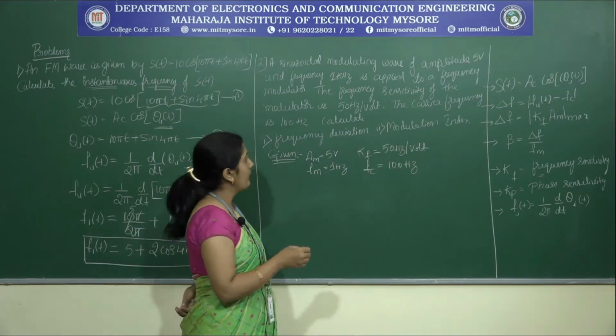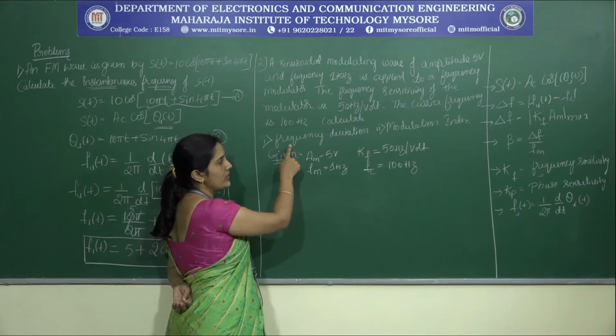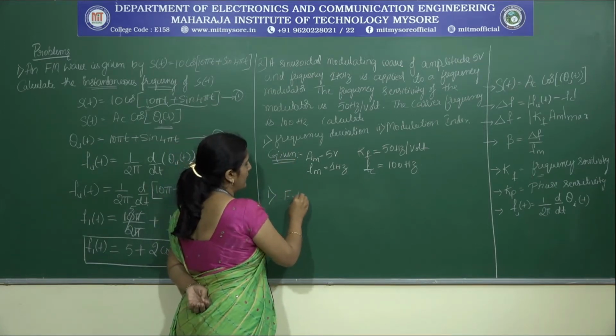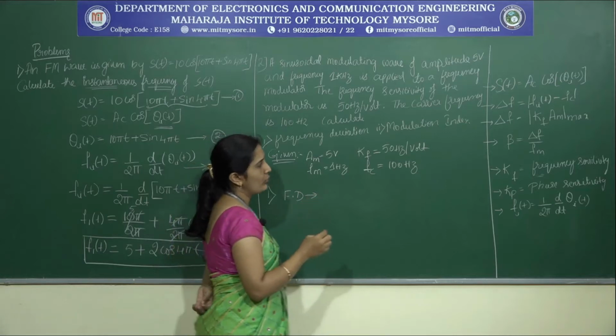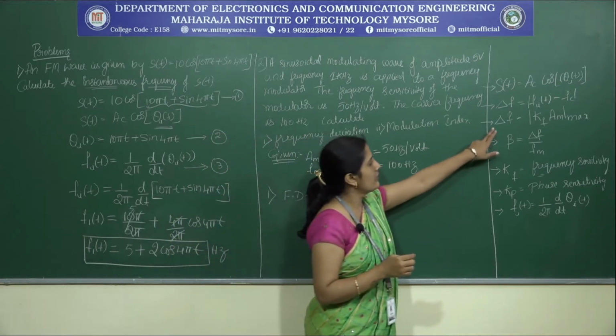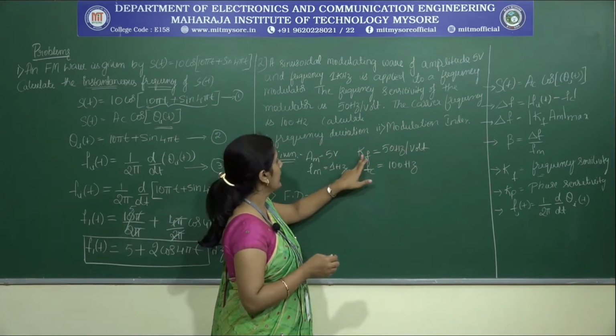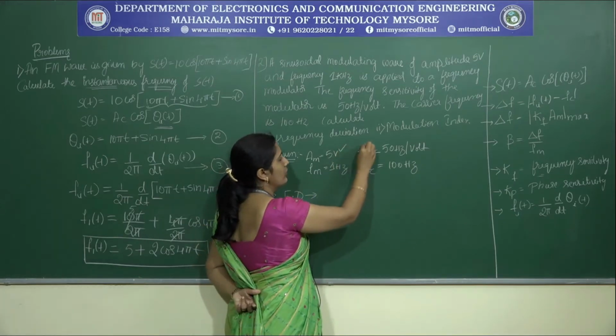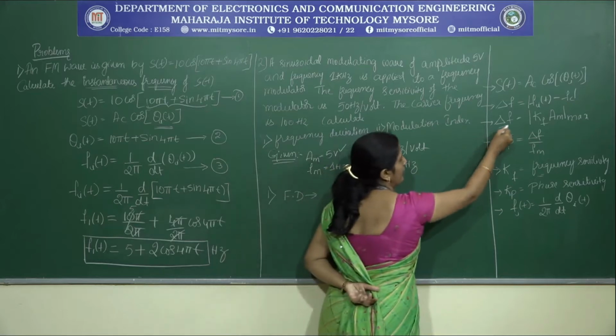By using this we have to calculate the frequency deviation. In order to calculate the frequency deviation we have got the formula. Here you can see the given data we are having, AM and KF for the frequency deviation.